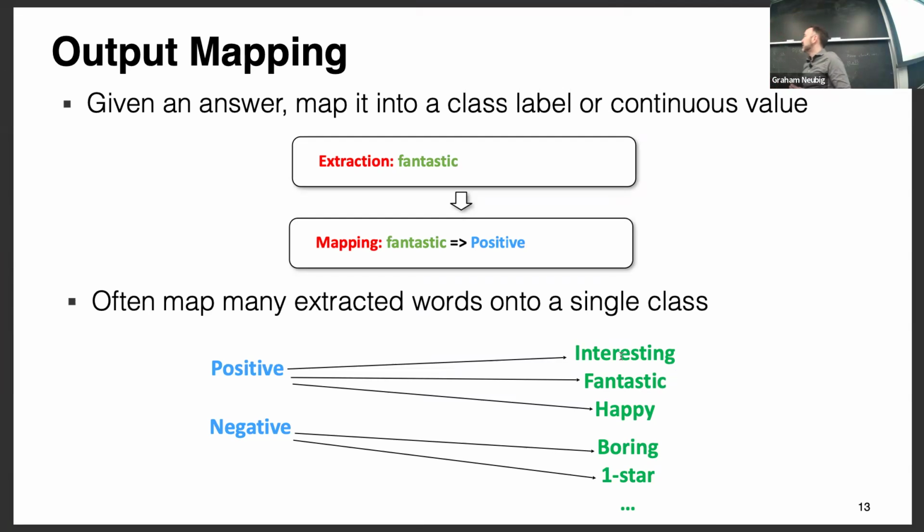They started out with giving it a 1 to 5 star rating, and then they switched it into very good, good, okay, bad, very bad, and asked it to generate those instead of 1 to 5, and that worked a lot better. The GPT model was a lot more likely to get the answer correct than it was if you gave a 1 to 5 star rating.